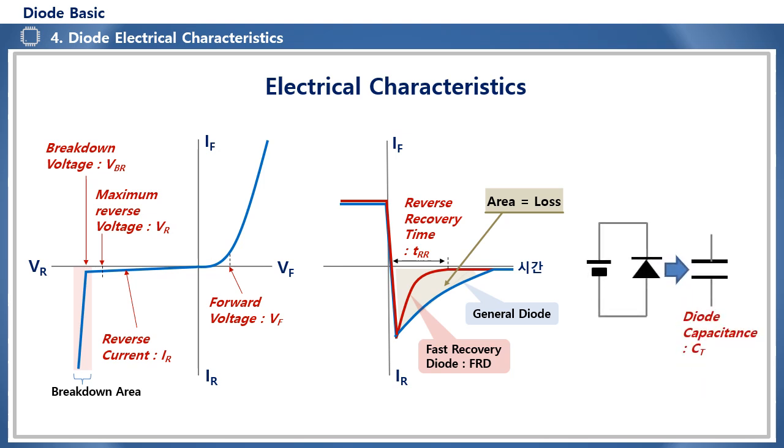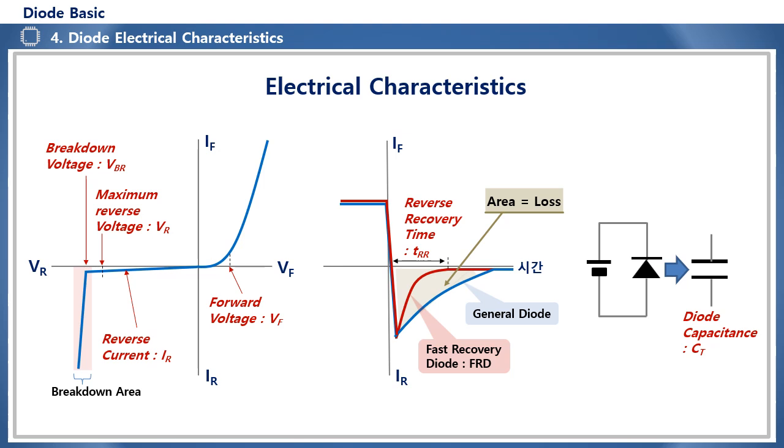When the diode is reverse biased, an electrical neutral layer is created between the p-n junctions, and it has capacitance characteristics. This value is called the electrostatic capacitance, CT. It is usually less than several tens of picofarads. In high-speed switching circuits, a diode with a small CT is suitable because a large CT causes waveform distortion due to the capacitor effect.